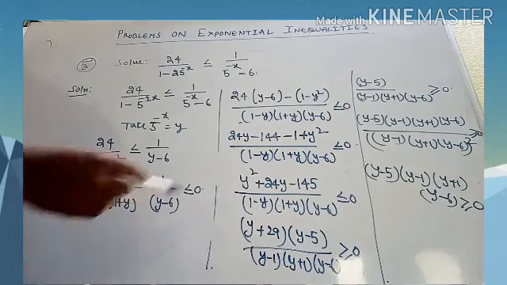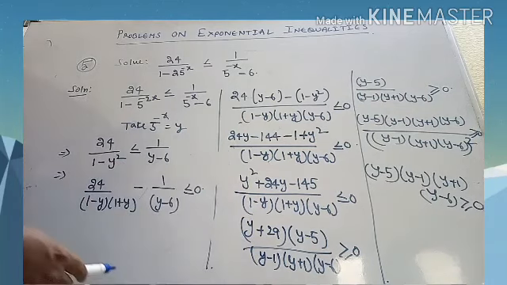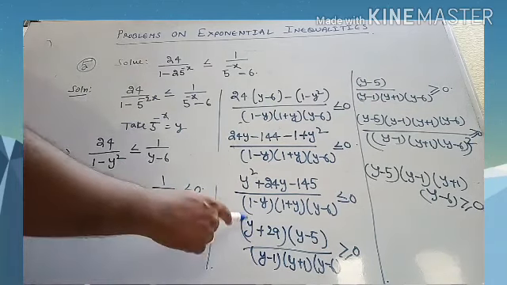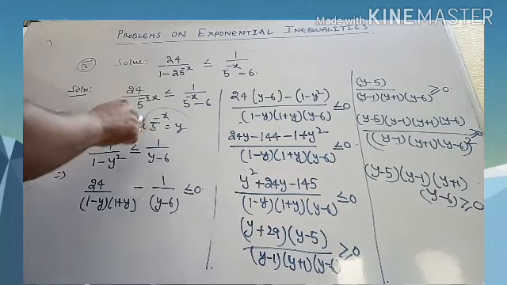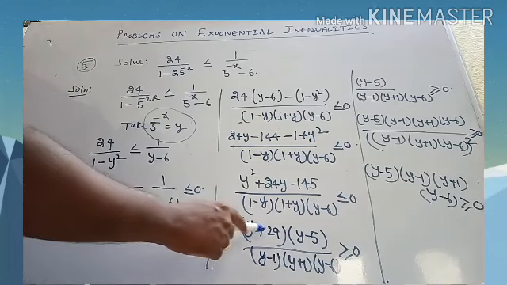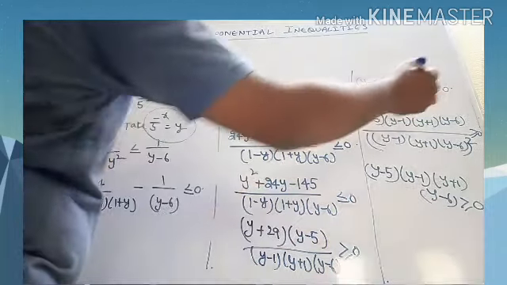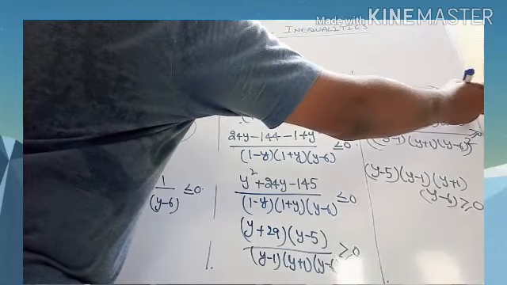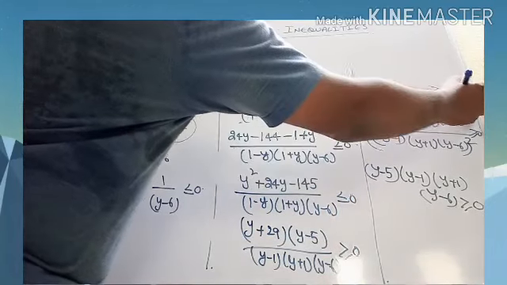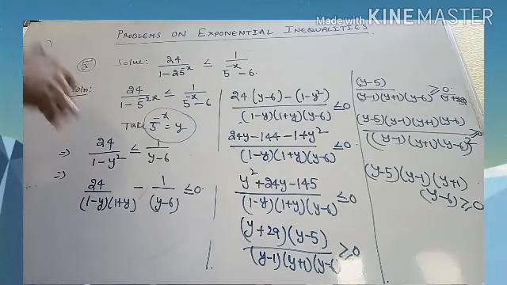Right? Now you see, my dear students, this y plus 29 is a positive quantity. y is equal to 5 power minus x, and 5 power minus x is always positive, plus 29 is also always positive. Because it is a positive quantity, we can transfer that to the right side, right?